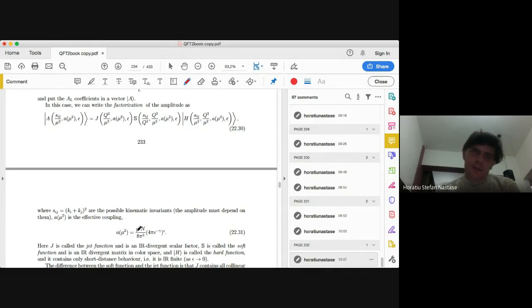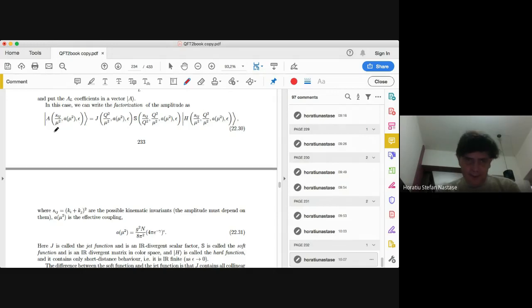Since g strong depends on mu, I write this dependence via this combination A of mu squared, and it also depends, of course, on epsilon.